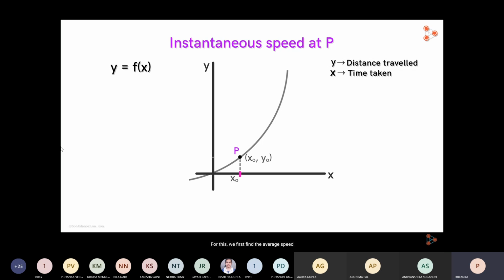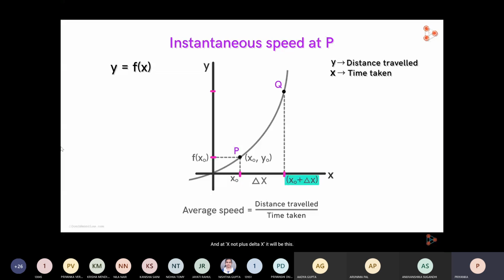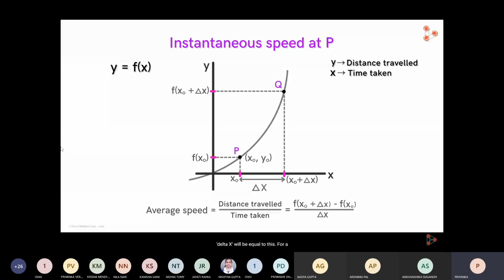For this, we first find the average speed for some time interval delta x. At x0, the distance covered will be this, and at x0 plus delta x, it will be this. So the average speed in the time interval delta x will be equal to this.